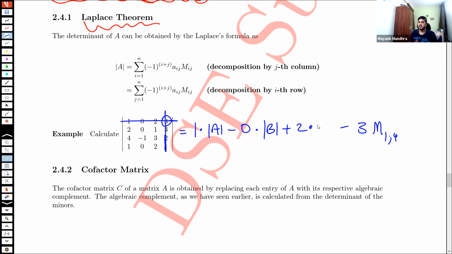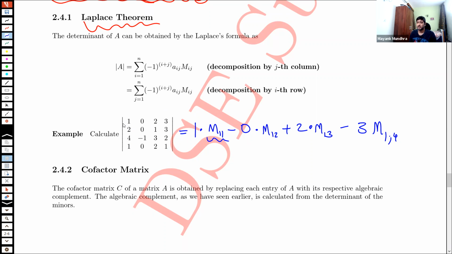This is basically the minor of 1 3. This determinant B is basically the minor of 1 2, and this determinant A is basically the minor of 1 1. Right? I generated this element by eliminating these two things and then taking the determinant of this matrix. So this is basically M11. So this is what we have been doing. And this is Laplace's rule.